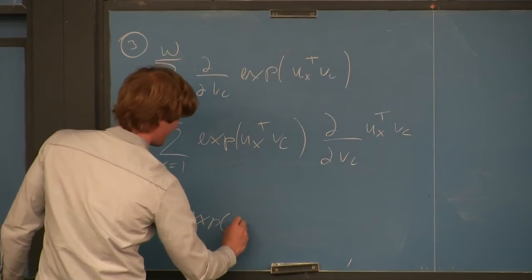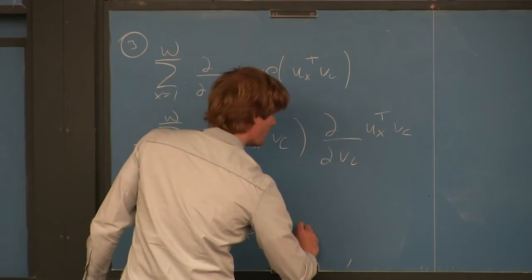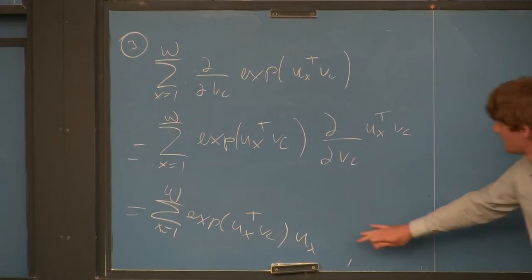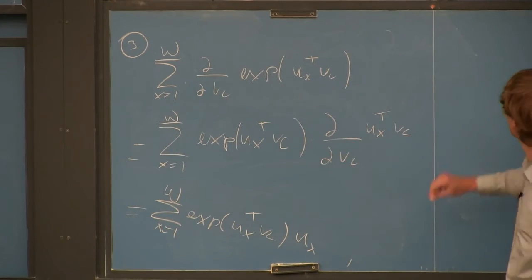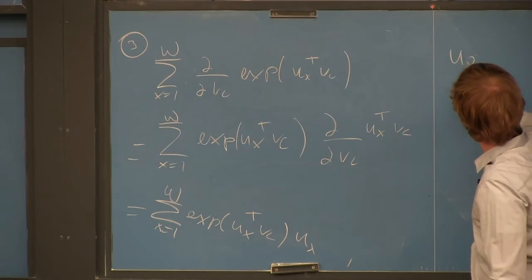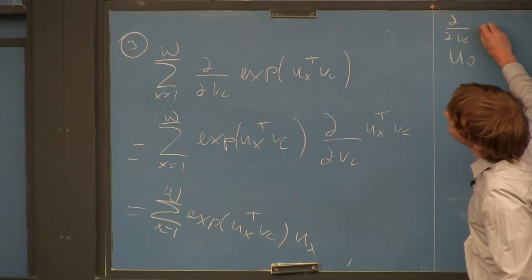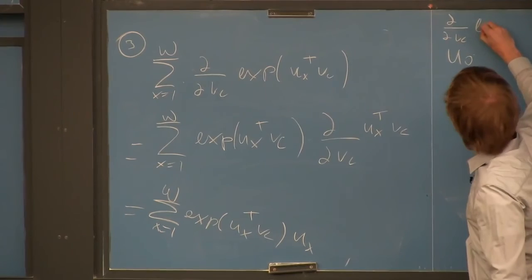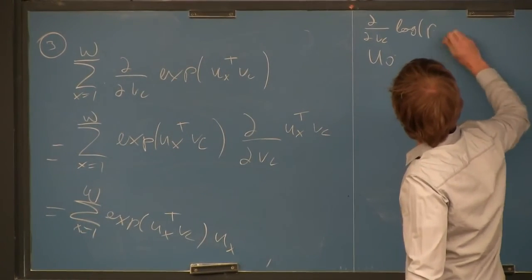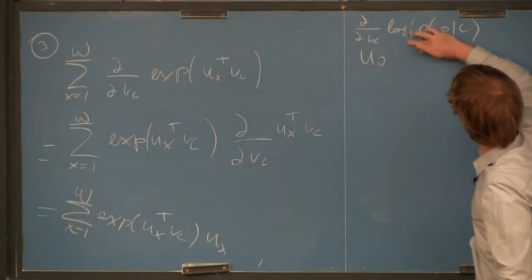Now we're basically done, and we just need to put them all together and not make an accidental mistake. So let's put all these things together. At the very beginning, we had uo. And this is again the full derivative with respect to vc of the log probability of p of o given c.